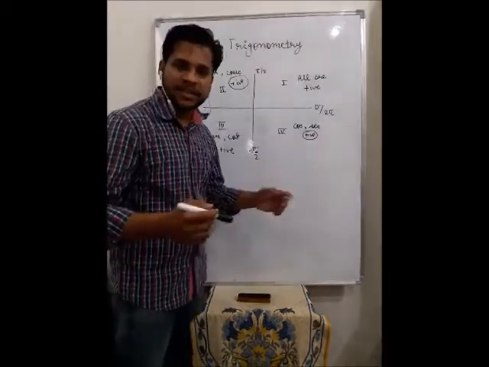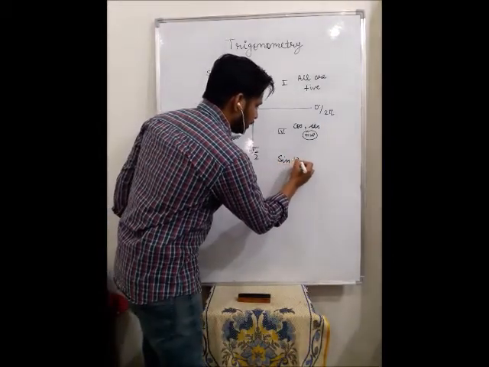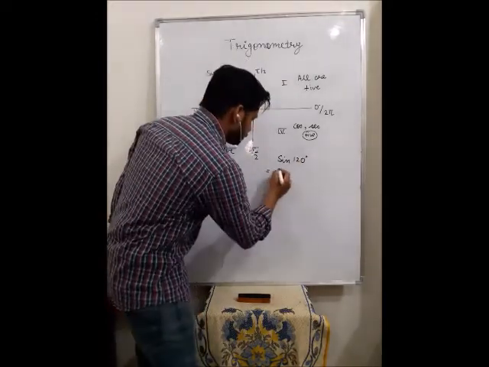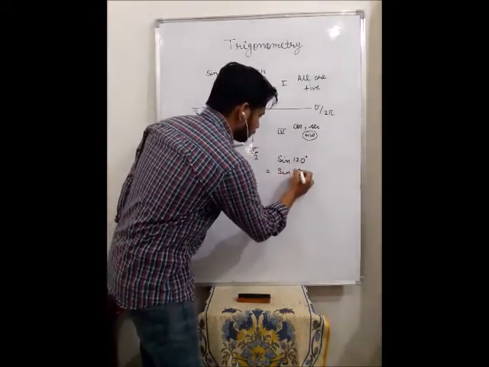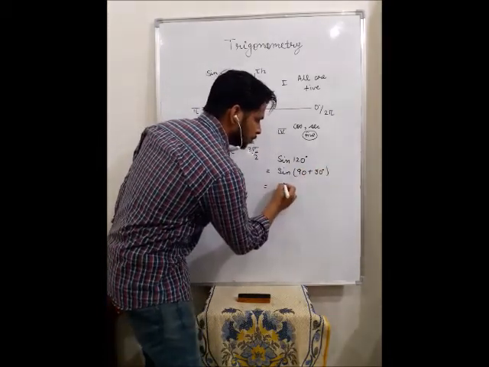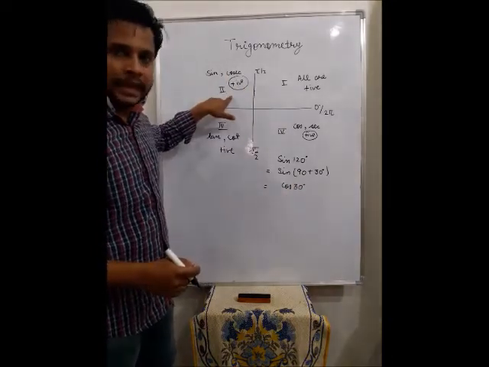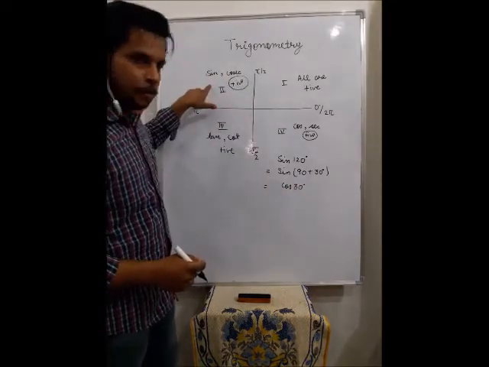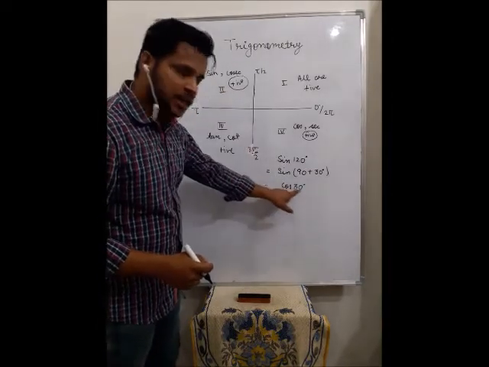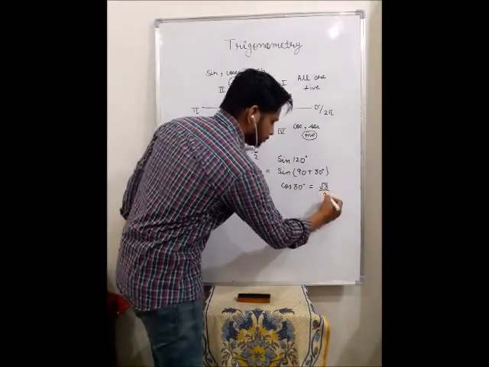So for example, sine 120 degree, how can we write this? Sine of 90 plus 30, so it becomes cos 30. As sine function is positive in second quadrant and 120 degree lies in the second quadrant, cos 30 degree will be positive, and cos 30 we all know is root 3 upon 2.